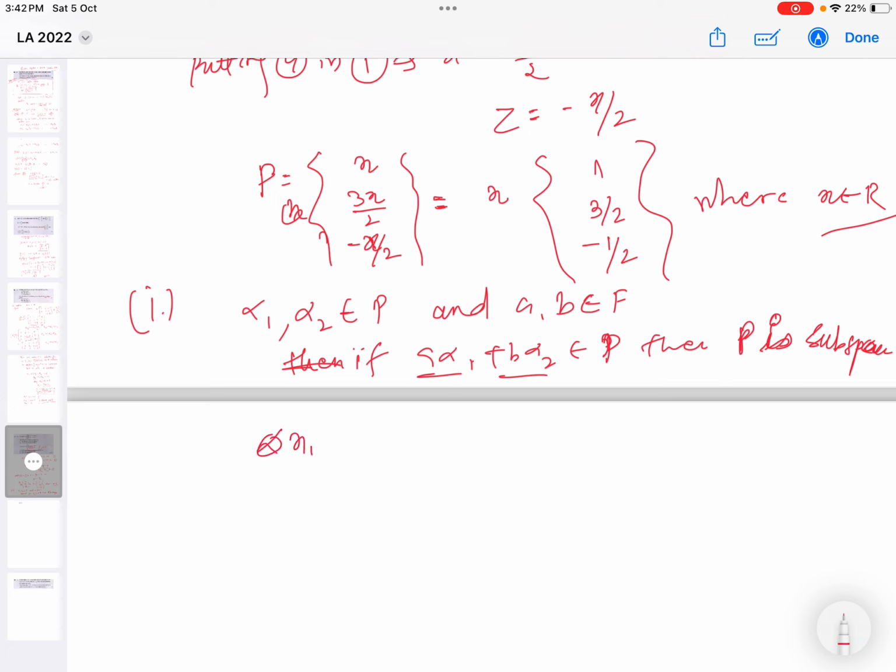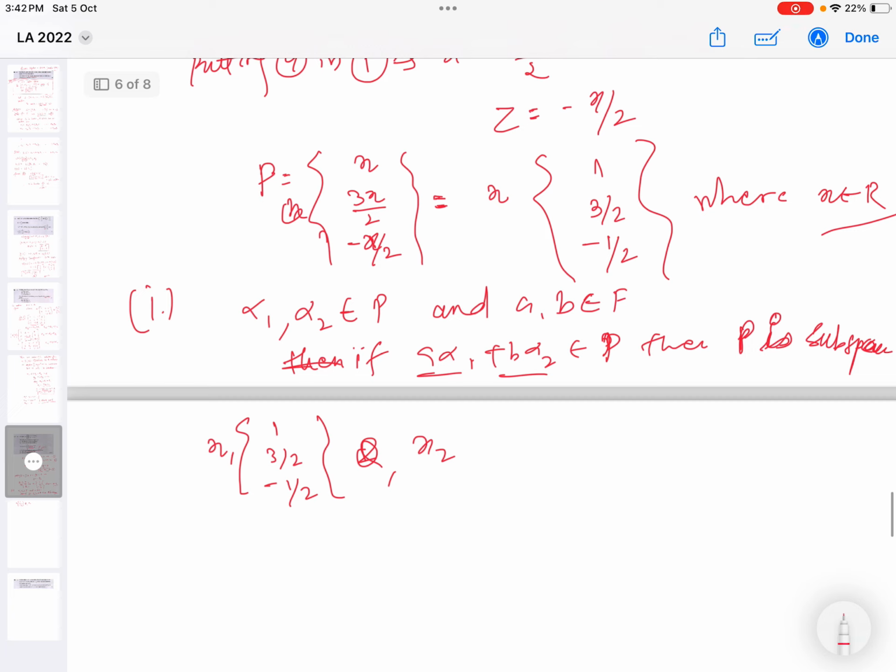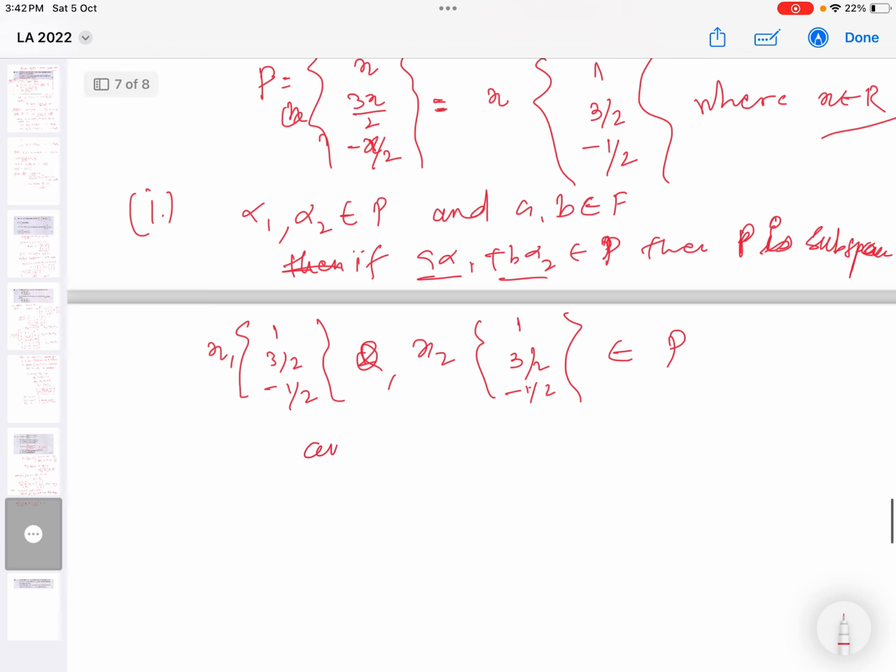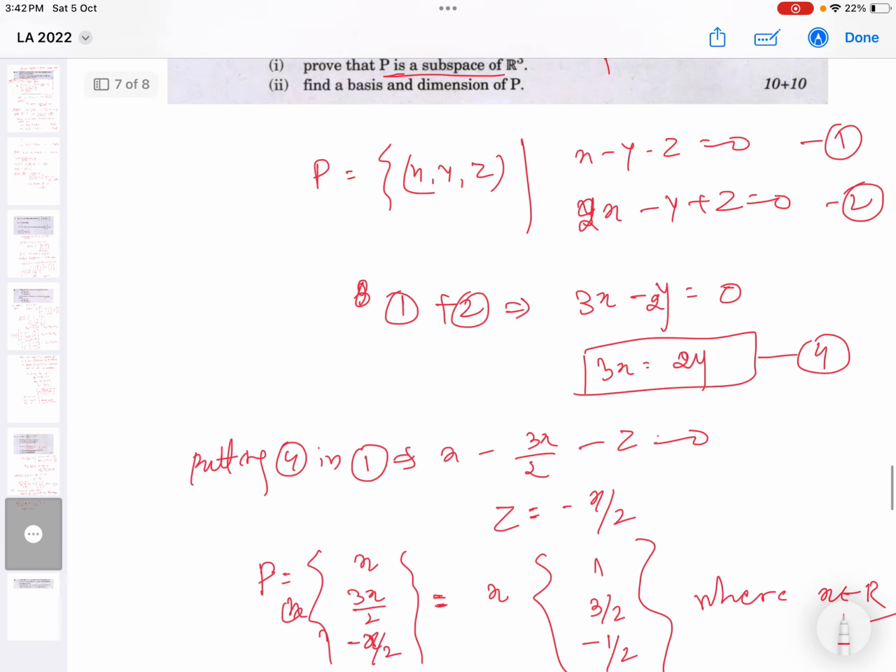So see, alpha 1 is x1 times (1, 3/2, minus half), and alpha 2 is x2 times (1, 3/2, minus half), which will be elements of P, and A, B belong to R field.